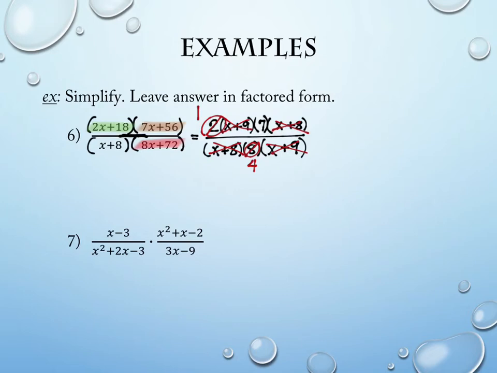Careful to capture everything that still remains, because we've got a lot of markings here. There's a 7 on top. There's a 4 on bottom. That's all that remains on this one. This is equivalent to 7 over 4. No variables left on that one. Uncommon, right? That doesn't always happen, but that's what happened here.